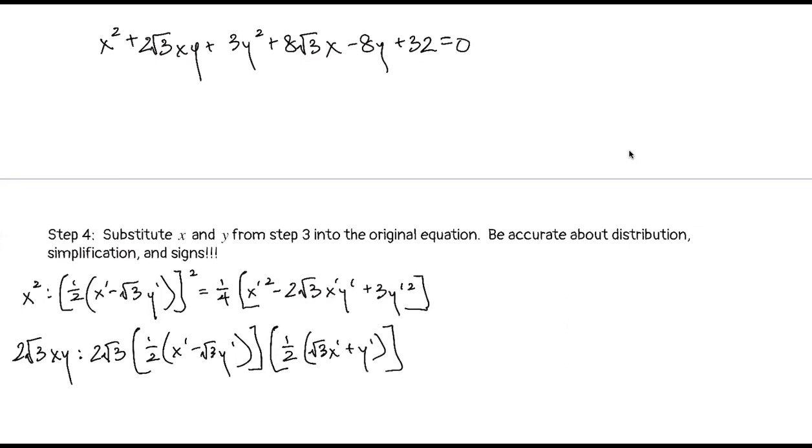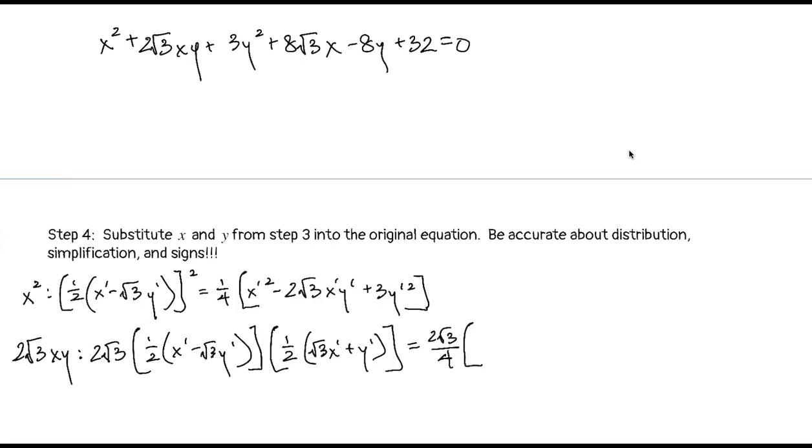I'm going to take all my coefficients and bring them out to the front, so 2 root 3 divided by 4. You can reduce that if you want. I've already worked through this problem, so I'm not going to reduce it, and I'll tell you why later. But if you reduce it, it's not going to change much about our simplifying step.